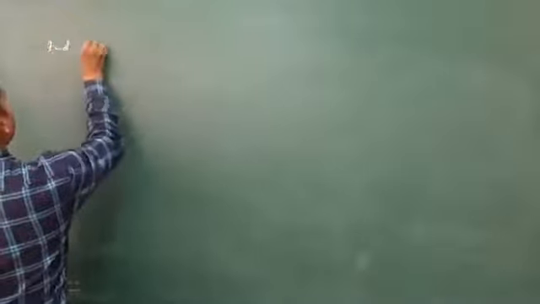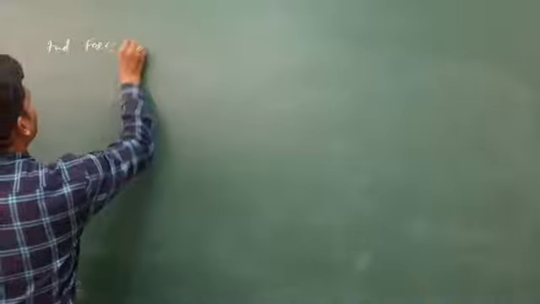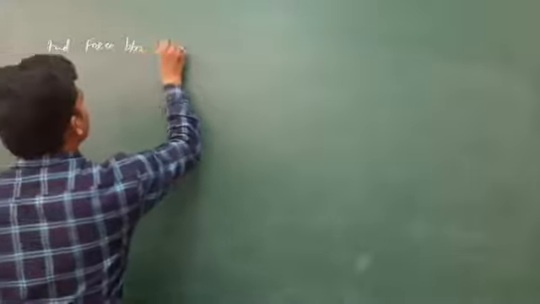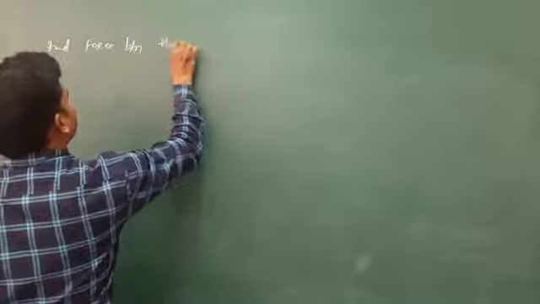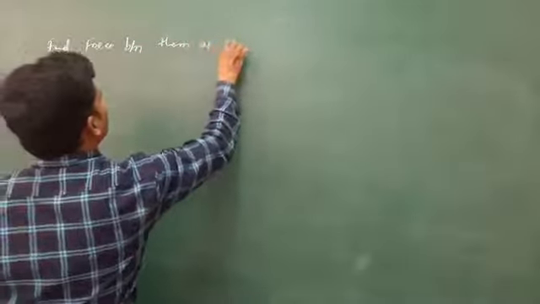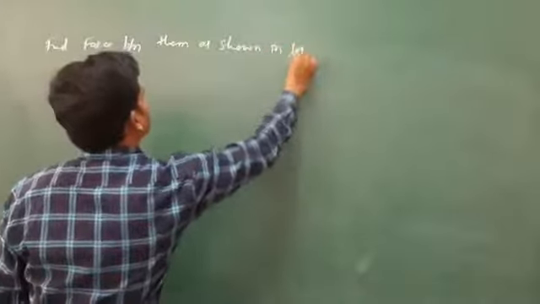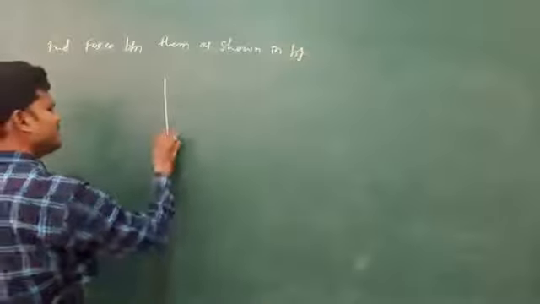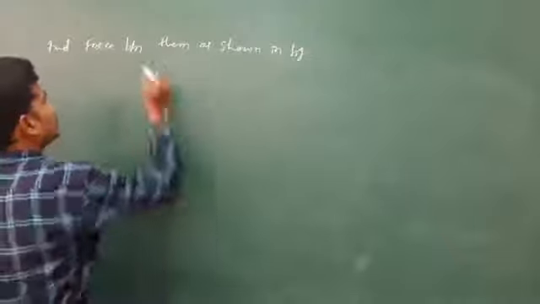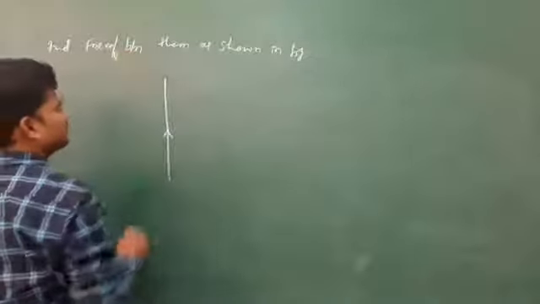So let me find the force between them as shown in the figure. You try this one. Find the force between them as shown in the figure. Okay, force per unit length. Let us find force per unit length.